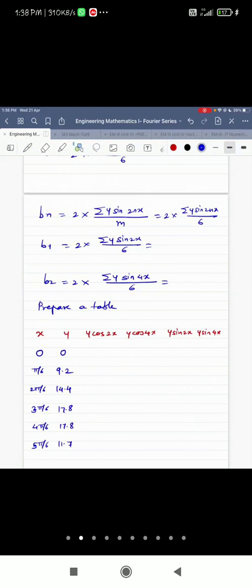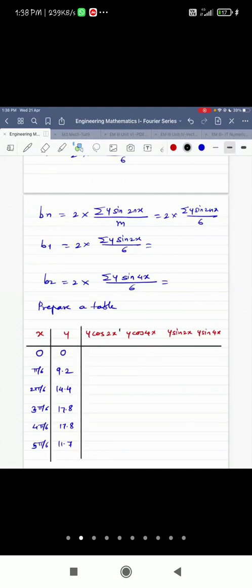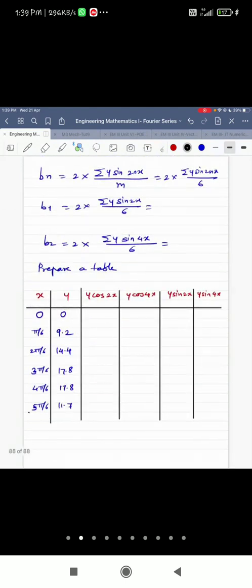Okay. Now let us fill the table. And for that, students, you need your calculator now. So take out your calculator for calculation purposes. Now, all are requested to pay attention here.